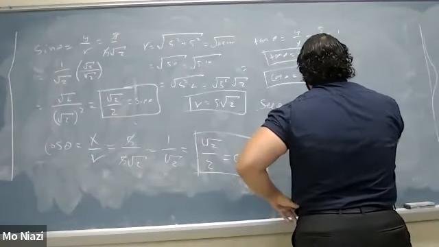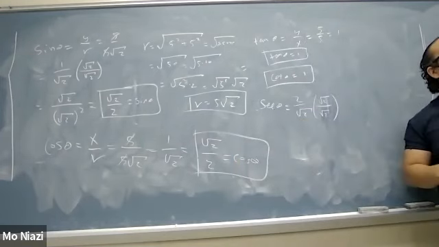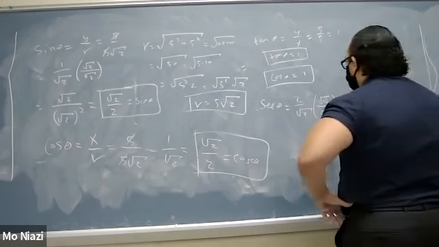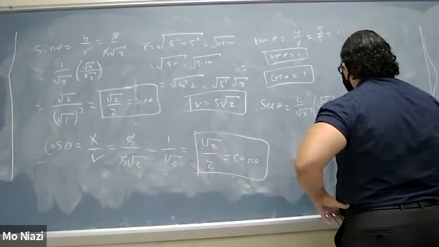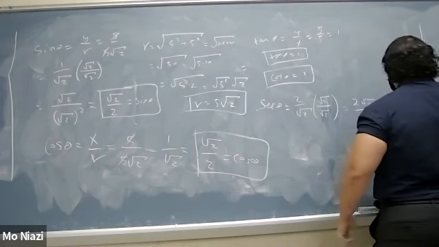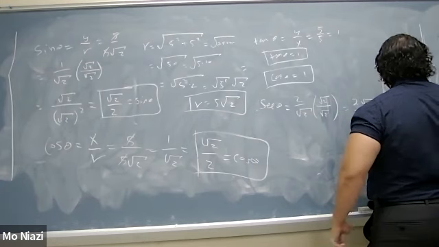Yes. If this was a square root of 47, I'd multiply top and bottom by square root of 47 divided by square root of 47. So this ends up becoming 2 root 2 all over 2. Cancel out the 2s. Just a root 2, as you said. And this is our secant of theta.